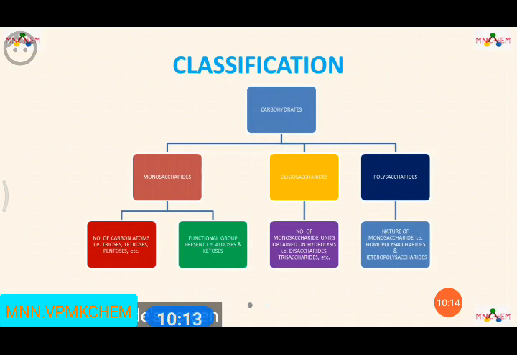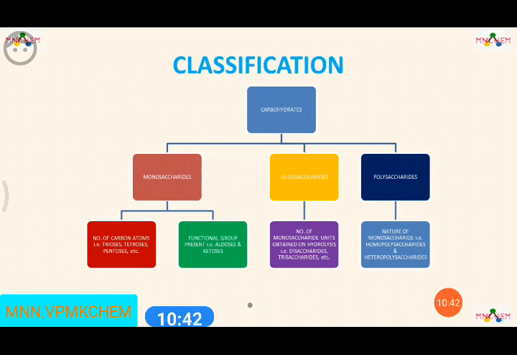They on hydrolysis give a large number of monosaccharide units. For example, starch, cellulose, dextrin. These are the polysaccharides made up of glucose units or monosaccharide units. The general formula for that is (C6H10O5)n.